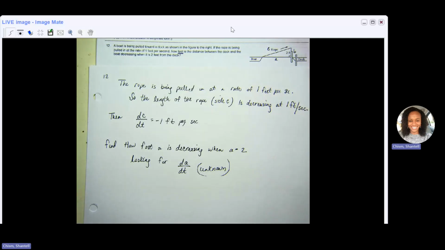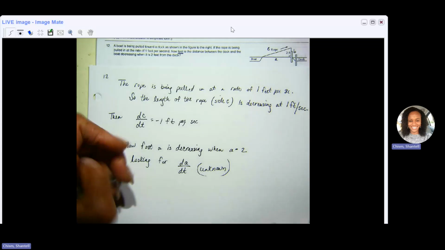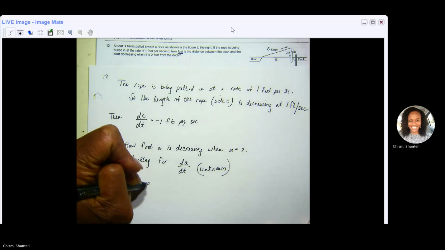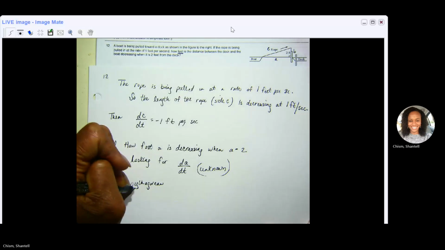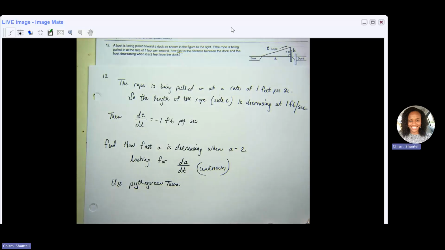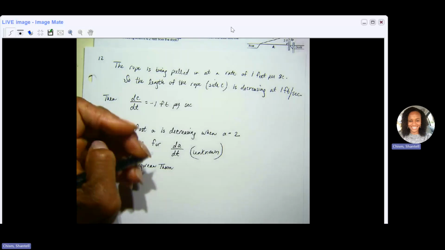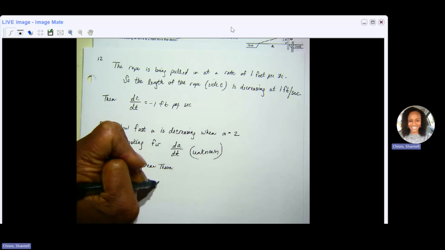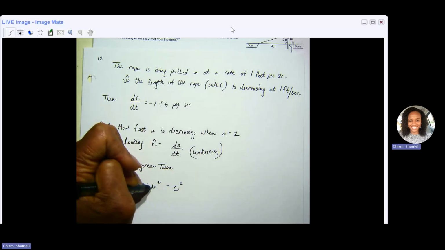So we know two sides. So we're going to use the Pythagorean theorem. We're going to write A squared plus B squared equals C squared.